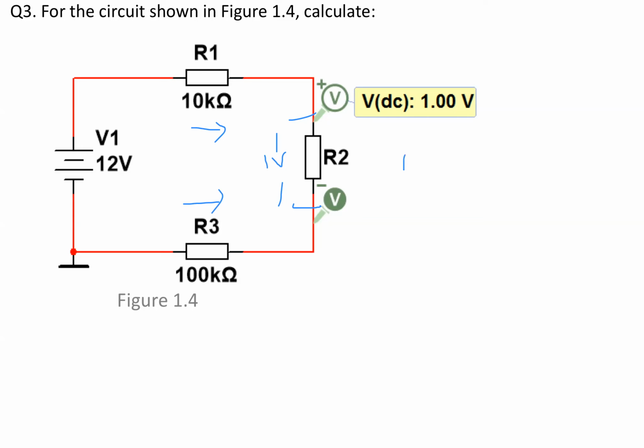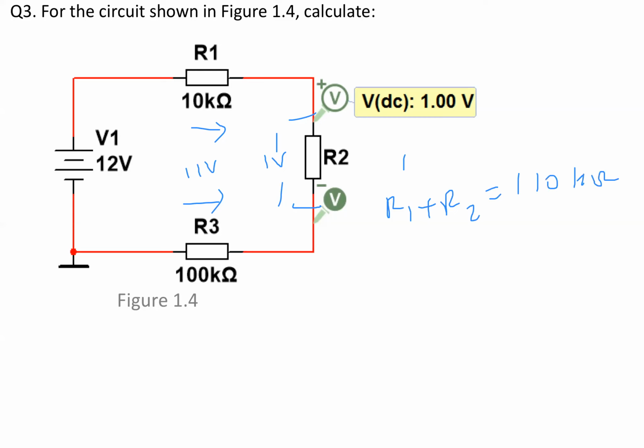So these two together have 11 volt. What will be the total of R1 and R3? Because they are in series, I can write R1 plus R3 is 110 kilo ohms. You guys agree?